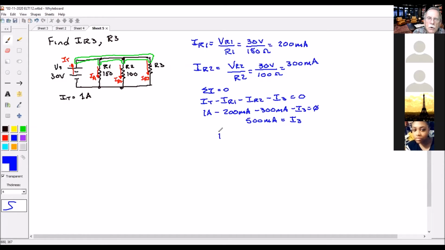So now I can use Ohm's law and say that R3 is V sub R3 divided by I sub R3. So we have 30 volts divided by 500 milliamps, which is 60 ohms.